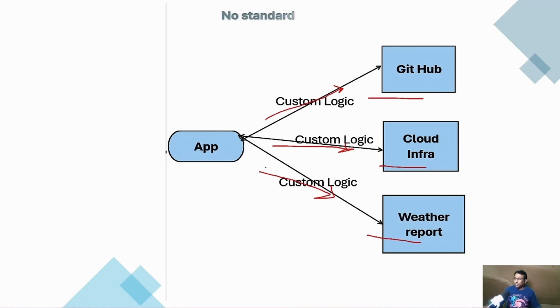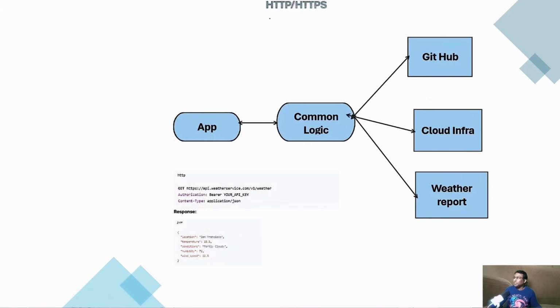Here something happened. Now developers wanted one common way to communicate with these servers. Here comes HTTP and HTTPS into the picture. Now these external servers follow this HTTP or HTTPS rule to expose their services. Now the developer has to write one common logic with methods like GET to fetch the information and POST to send the information to the services.